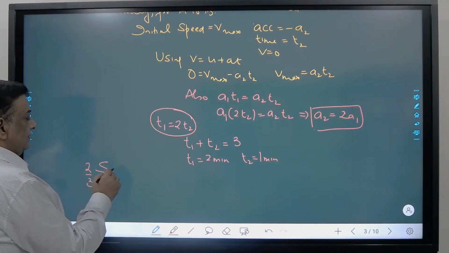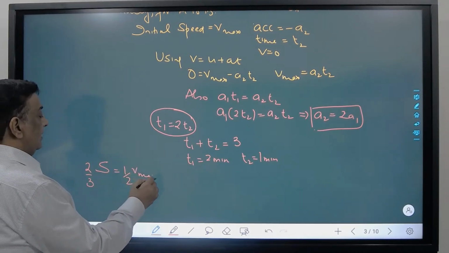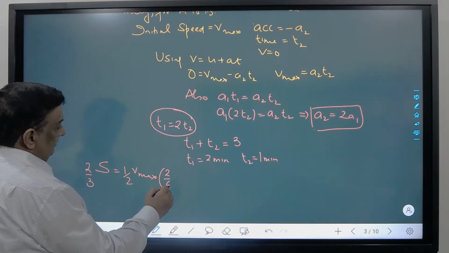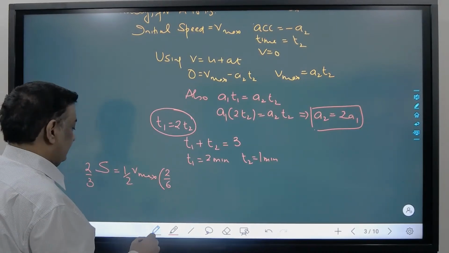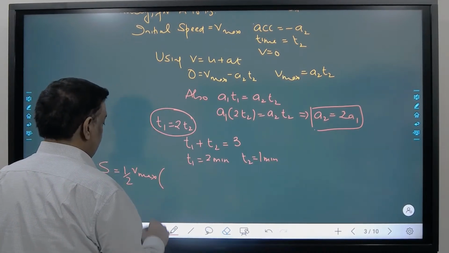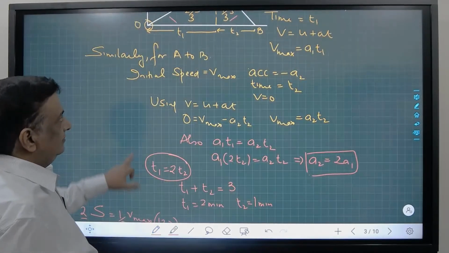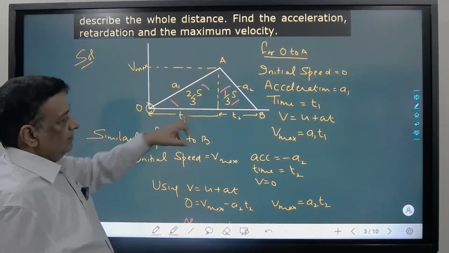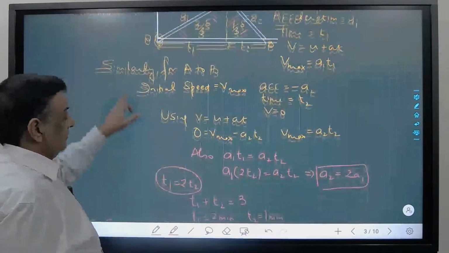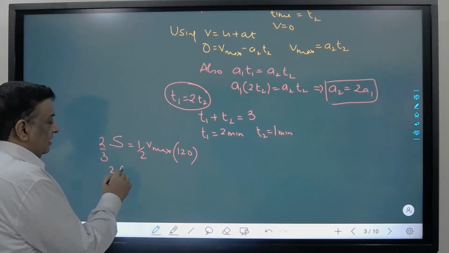Two-thirds of this is half Vmax times 2 minutes, which is 120 seconds, because it is the area of the first triangle: half base, where base is 120 seconds, height is Vmax, and that is 2/3 of S. S is 3 kilometers, that means 3000 meters.